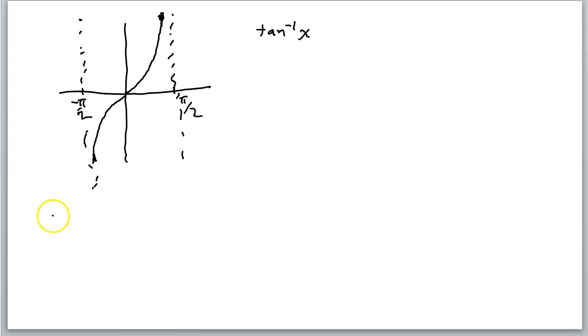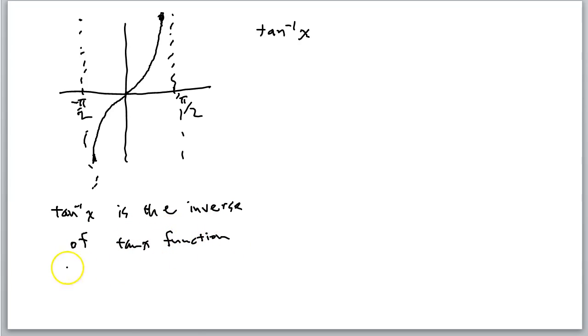So another way to say it is that tangent inverse of x is the inverse of the tangent x function restricted to the interval negative pi over 2 to pi over 2. That's what tangent inverse of x is. All these inverse functions are really inverse functions of the restricted version of these trig functions.